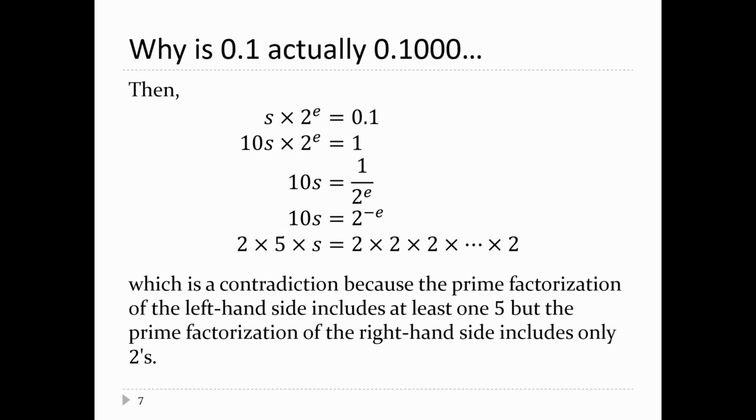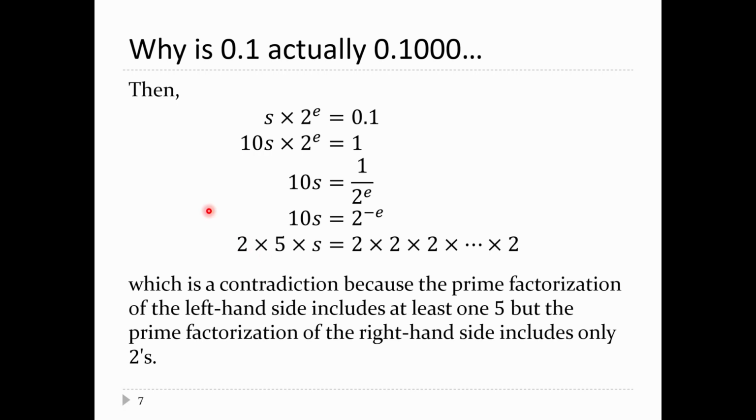What is 10 equal to? 10 is equal to 2 times 5. What is 2 to the negative e equal to? It's 2 times 2 times 2 times 2, negative e times. The right-hand side is made up of all prime numbers, namely 2. The left-hand side has a 5 in it, which is also prime.